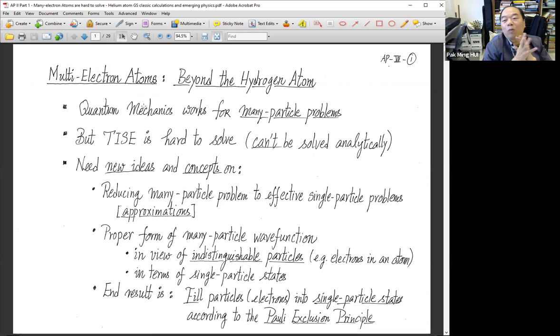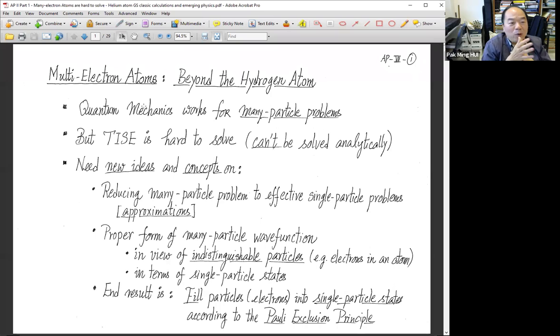However, the quantum mechanical problem of solving any multi-electron atom is a very difficult problem. No one can solve any multi-electron atom exactly. No analytic results. We should be happy about it. That is to say, we are not in any way inferior to anyone. No one can do it, no matter how strong you are mathematically.